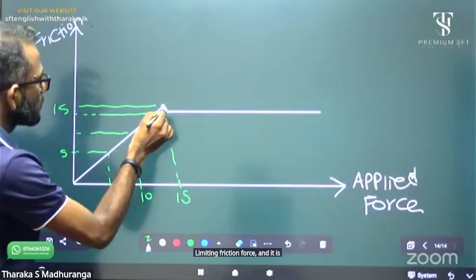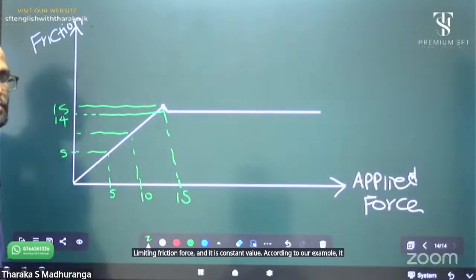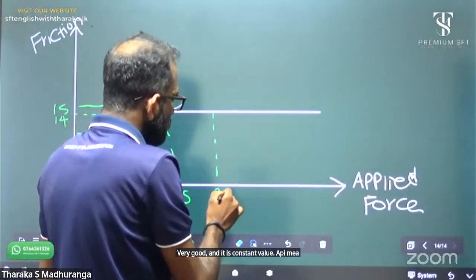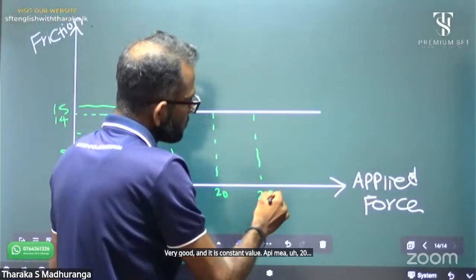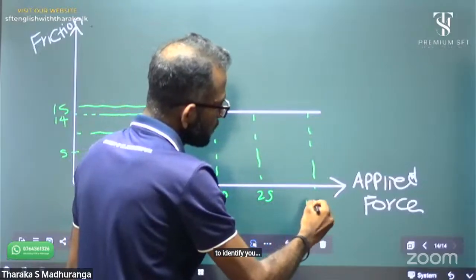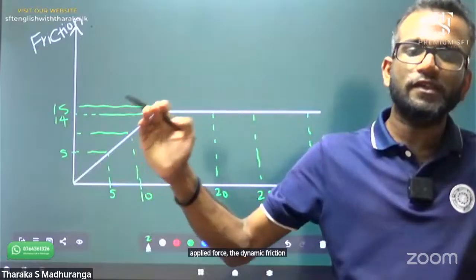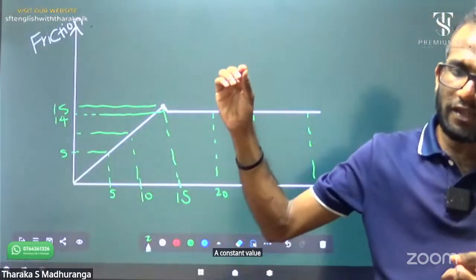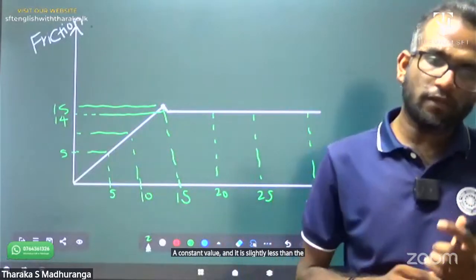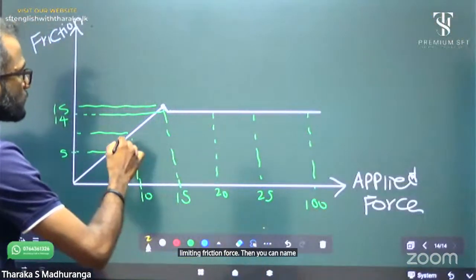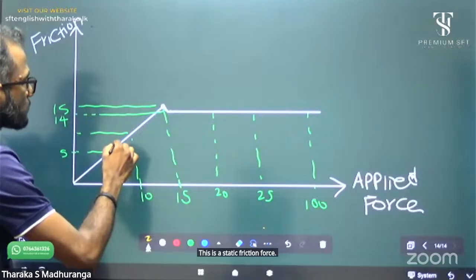For 20, 25, 100, any applied force, the dynamic friction force is a constant value, and it is slightly less than the limiting friction force. Then you can name this a static friction force.